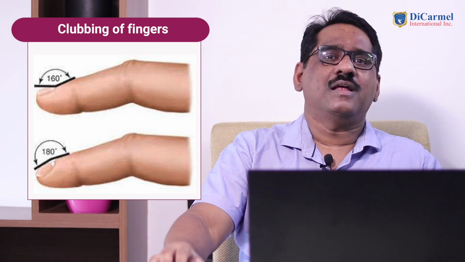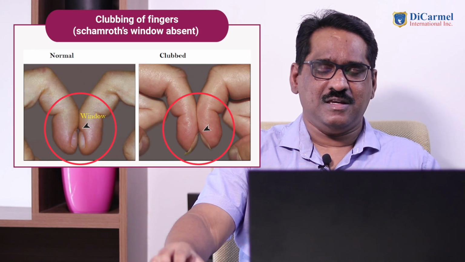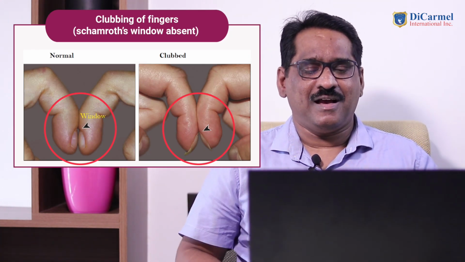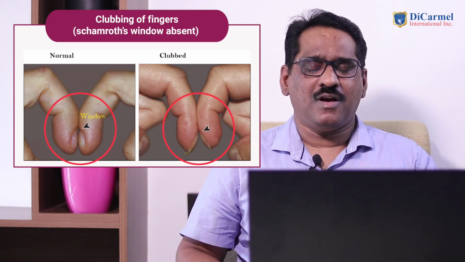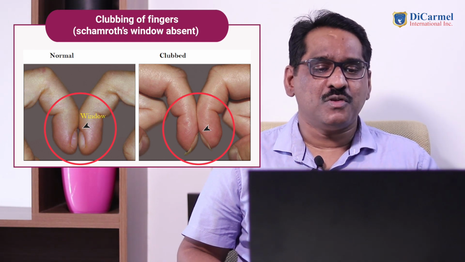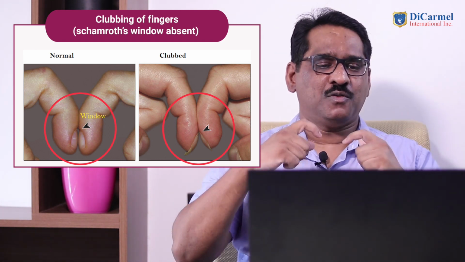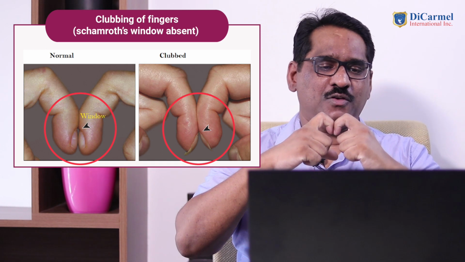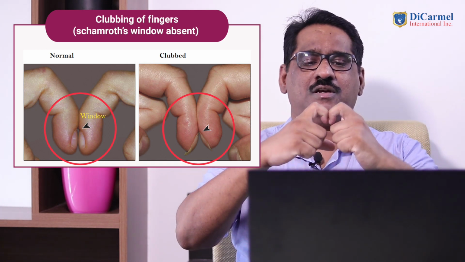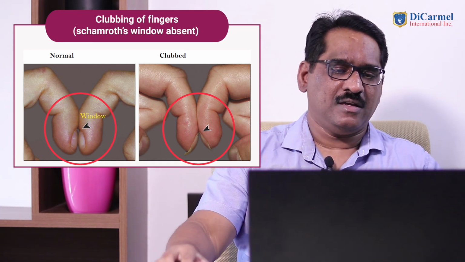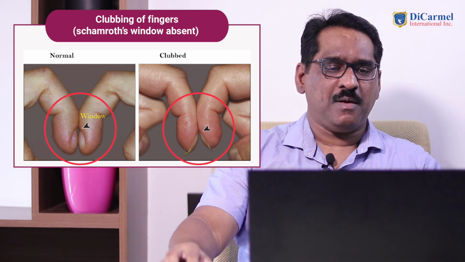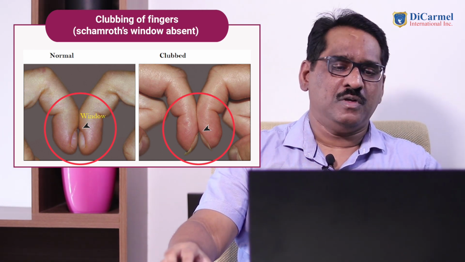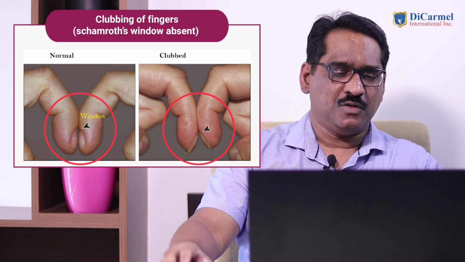And also, to talk a little bit more about clubbing, you can see here on the next image, which is another repeatedly asked question. A classic sign of clubbing is absence of the Schamroth window. You can see what the Schamroth window is. If you hold your fingers together, and you look right here in the image I'm showing you, what happened? You can see a narrow, diamond-shaped window, right?